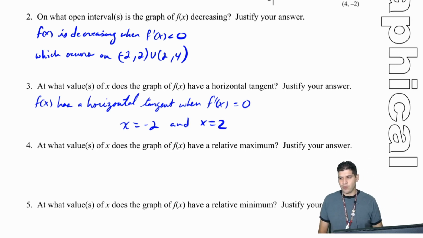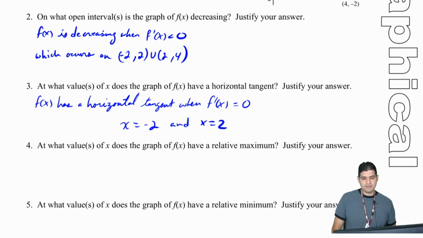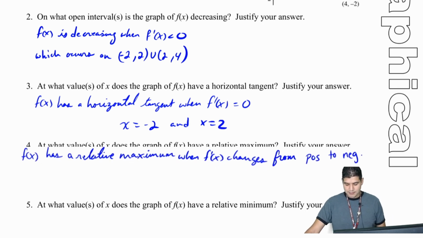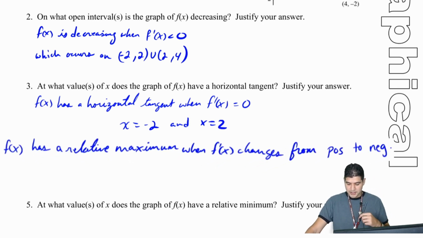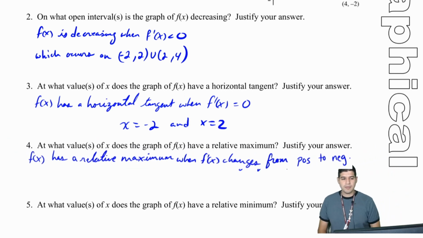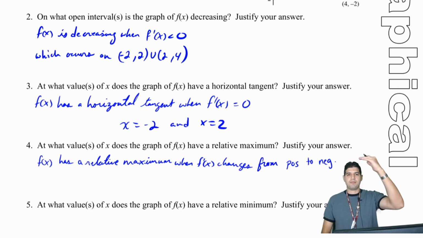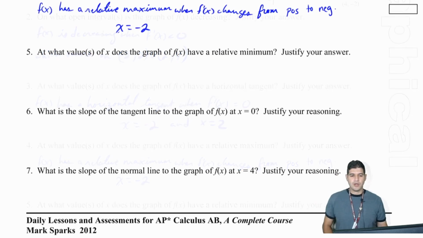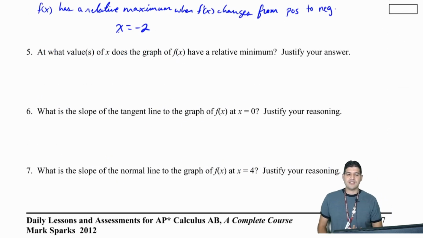And now we want to say at what values of x does it have a relative maximum? So f of x has a relative maximum when f prime of x changes from positive to negative. So when is that happening in our graph? Where is the graph changing from positive to negative? That is happening when x equals -2. Now we want to say what values of x does f of x have a relative minimum?